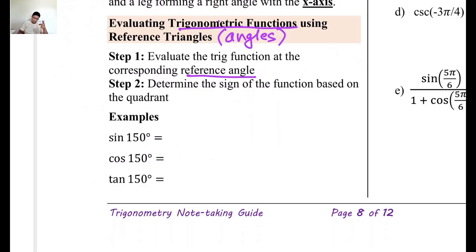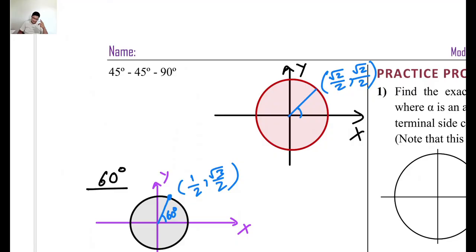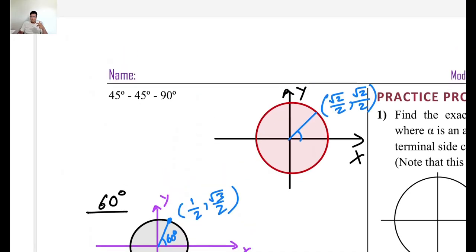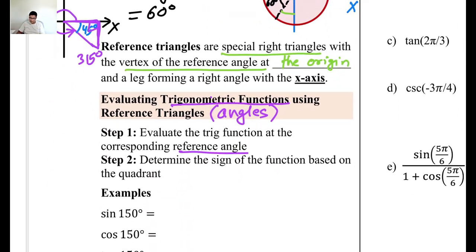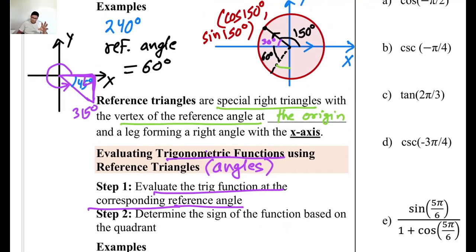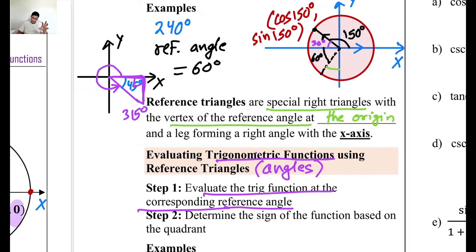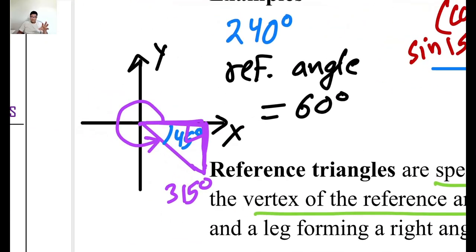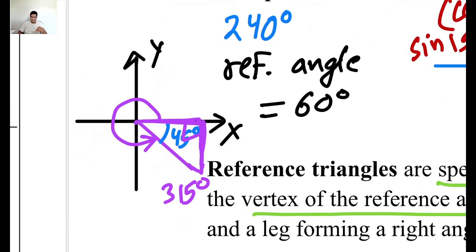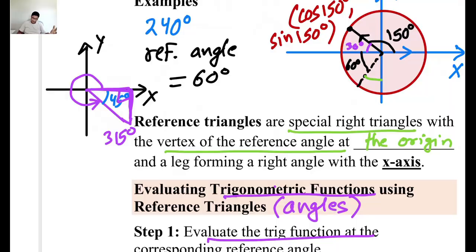And before this, for the standard angles, at least, we have done that activity where we know the x coordinates and y coordinates. So we can find the trigonometric function, right? Using the x and y coordinates and the definition. So evaluate the trig function at the corresponding reference angle, not at the angle, as it is not at 315 degree, but at 45 degree, which we know how to do.